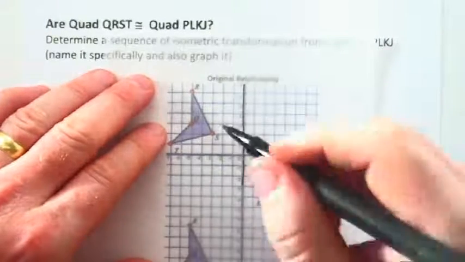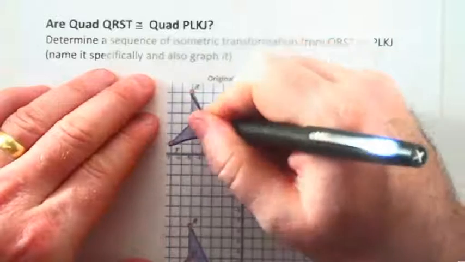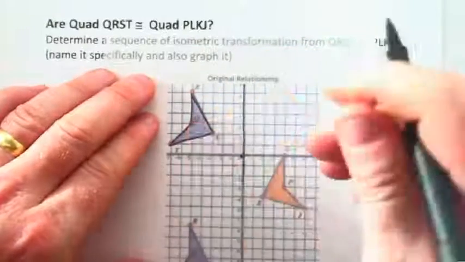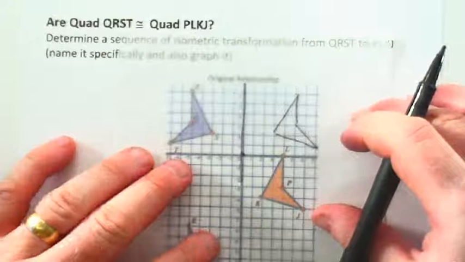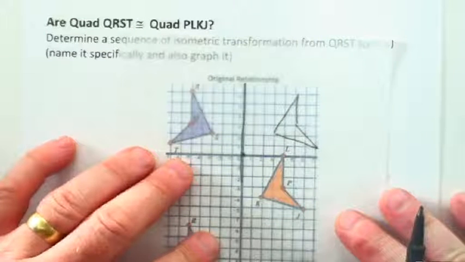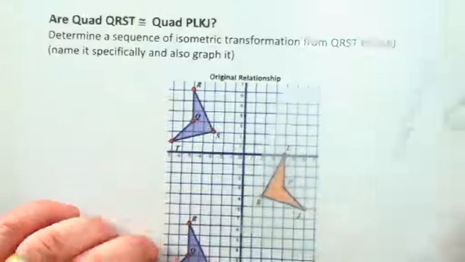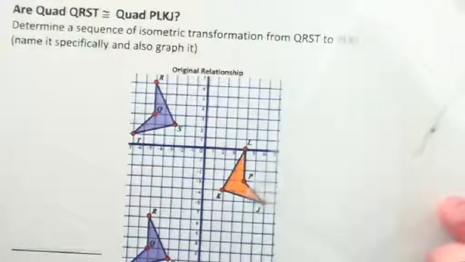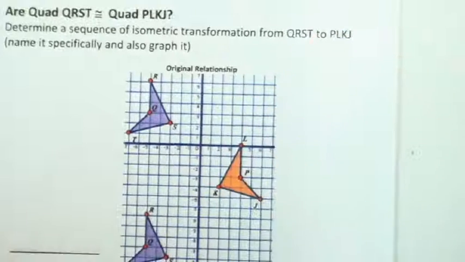I'm going to reflect this over the y-axis first, which would generate this here. And then my final description would be a translation to drop it onto here. So my answer is yes, they are. Specifically, it would be a reflection over y and then a translation into that spot.